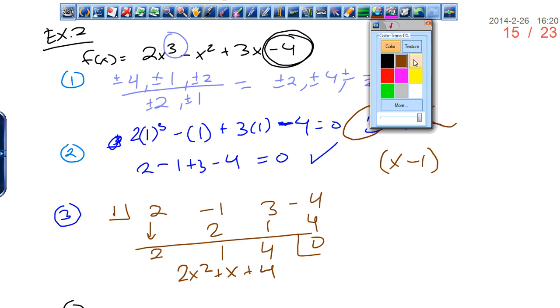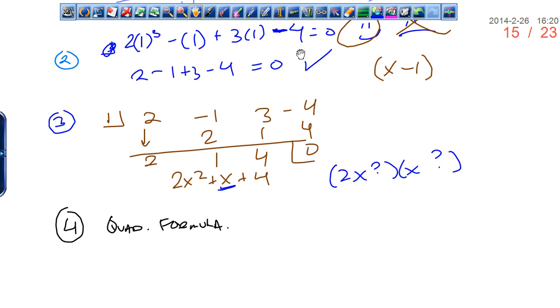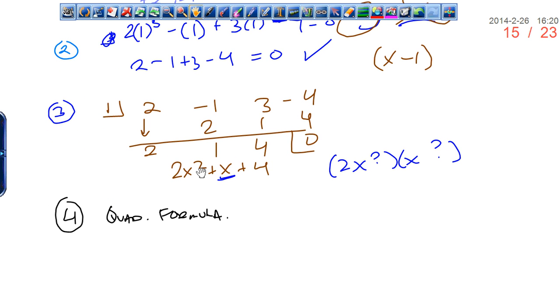Now from there, I can't factor this. I can't make 2x and x and some question mark. I can't make it be 4 and add up to 1. So that's where the quadratic formula comes into play. So we're going to take this. Remember, this is A, this is B, and that's C. So we get x equals -b, so -1 plus or minus the square root of b squared.